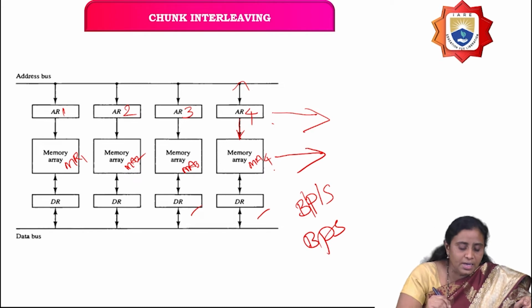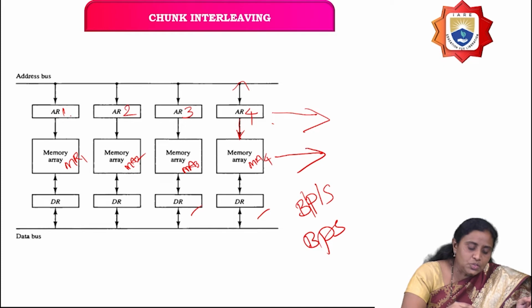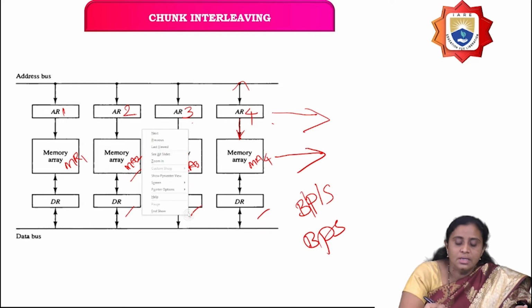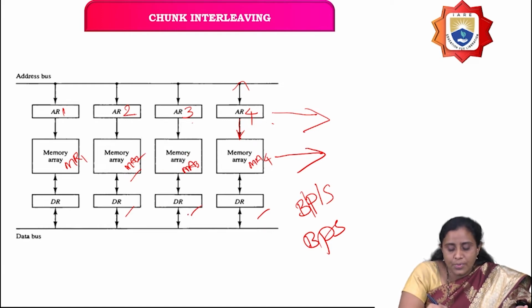After that, there is interleaving by means of a data bus: AR1 with memory array 1 and DR1, AR2 with memory array 2 and DR2, AR3 allocated under memory array 3 with a data register, and AR4 with memory array 4 and DR4.